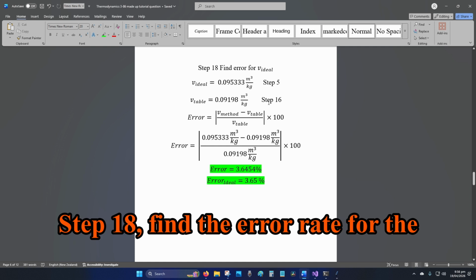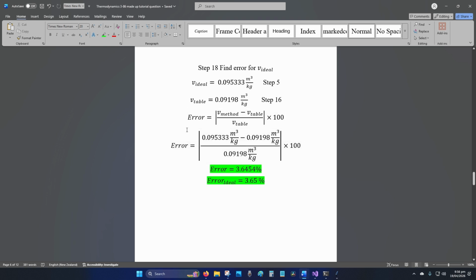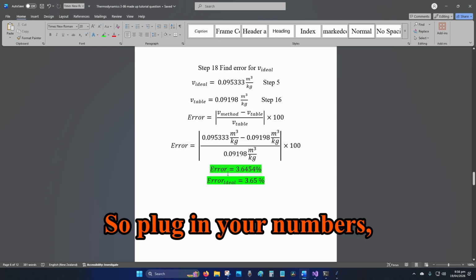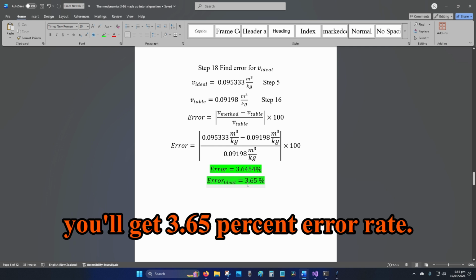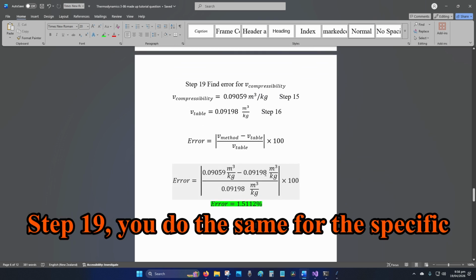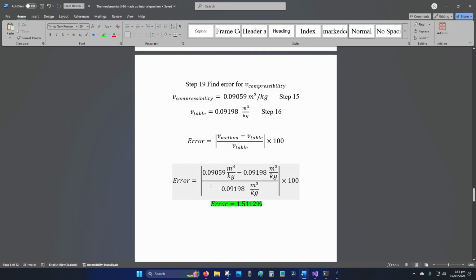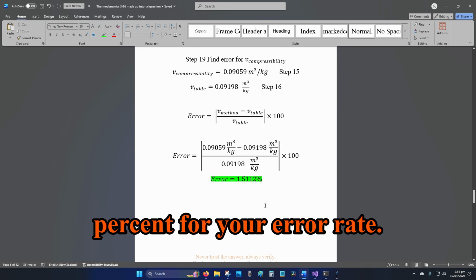Step 18, find the error rate for the specific volume of the ideal gas. So plug in your numbers, you'll get a 3.65% error rate. Step 19, you do the same for the specific volume of compressibility, and then you'll get 1.5% for your error rate.